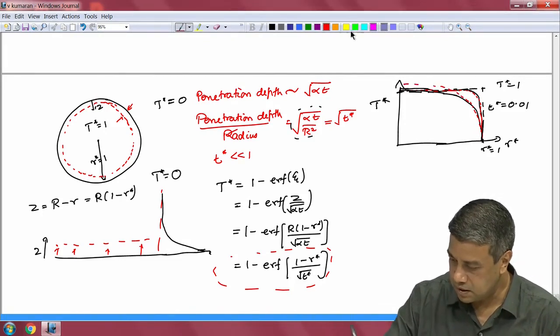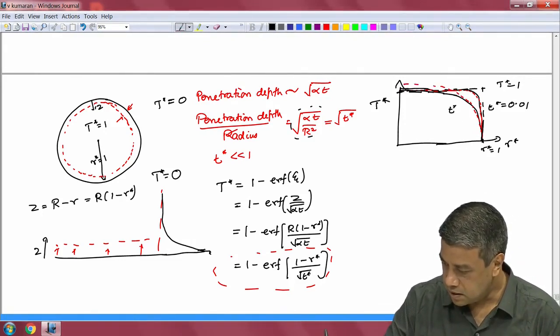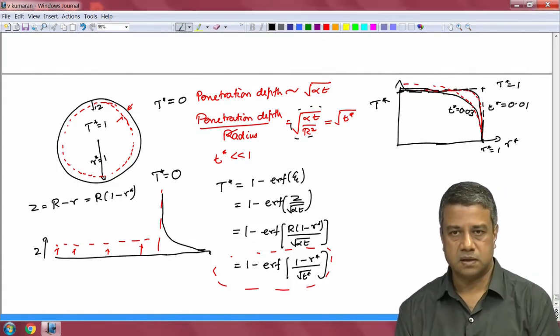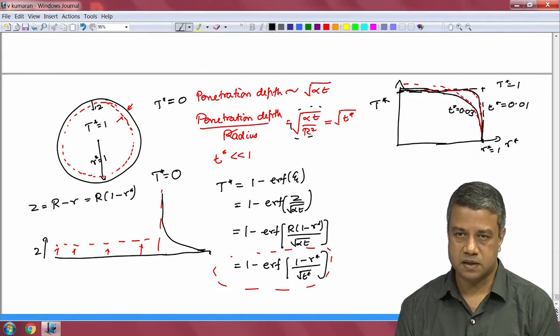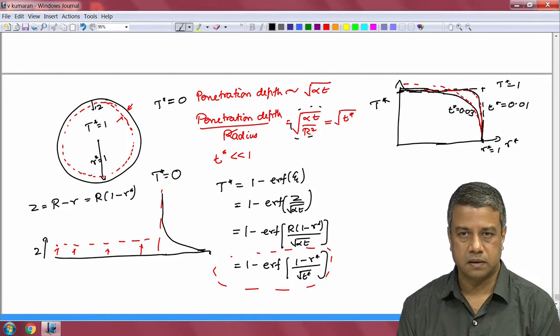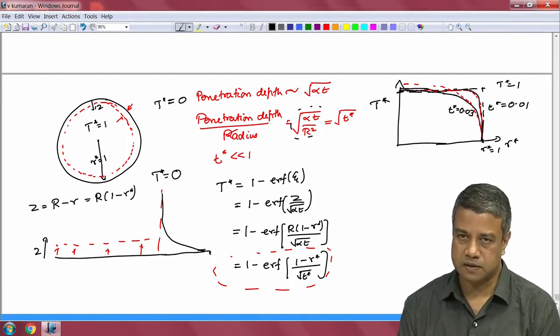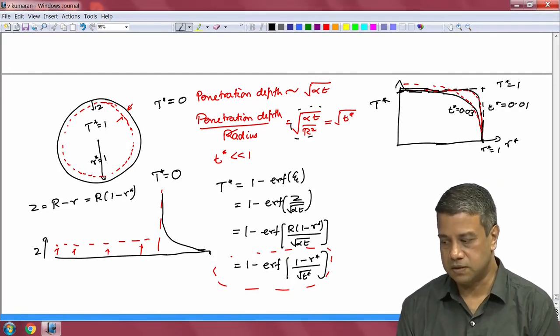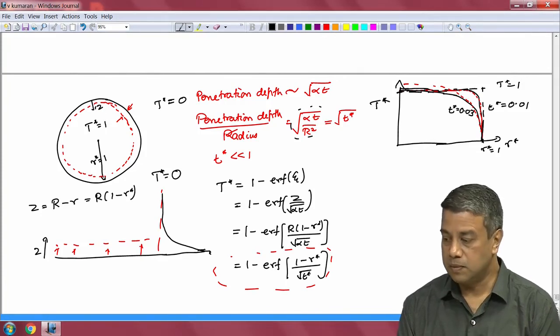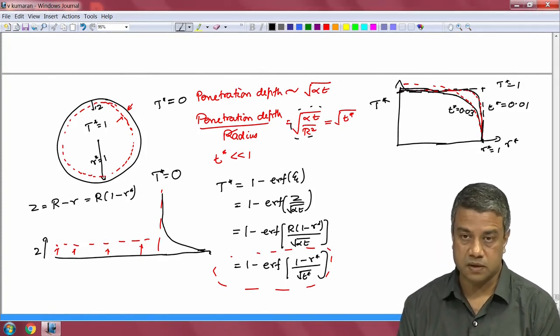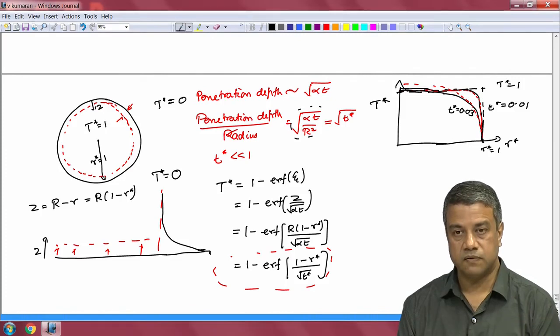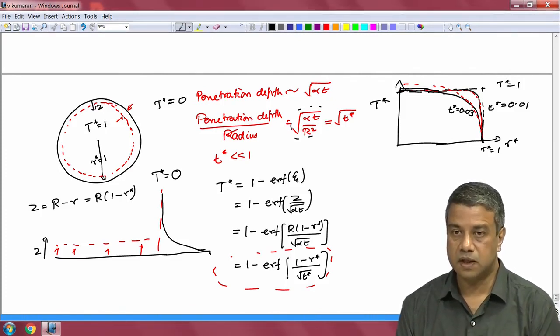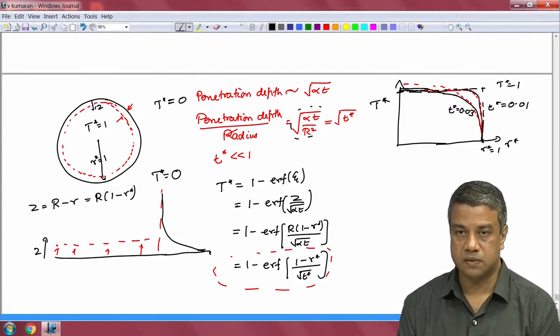This is at T star is equal to 0.03. So, the similarity solution does not agree with the 5 term approximation from separation of variables or the exact solution even at 0.03, but it is in good agreement at 0.01. So, therefore, for very early times you can use a similarity solution here as well.